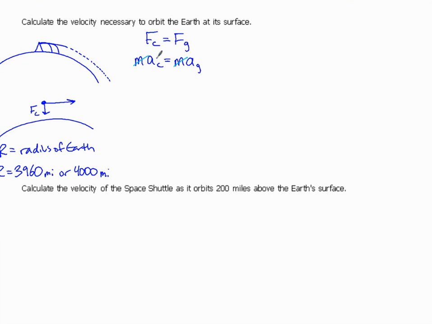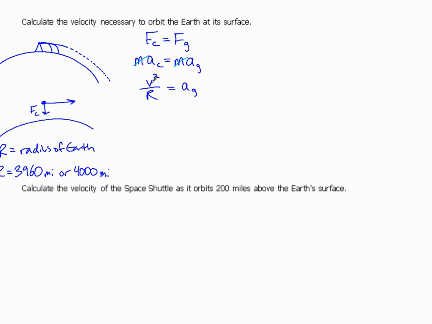So if you look back at your formulas a few pages back, you'll find a formula for the centripetal acceleration. And it is velocity squared divided by the radius. On this side, we still have the acceleration due to gravity. We have three things, and we know two of them.